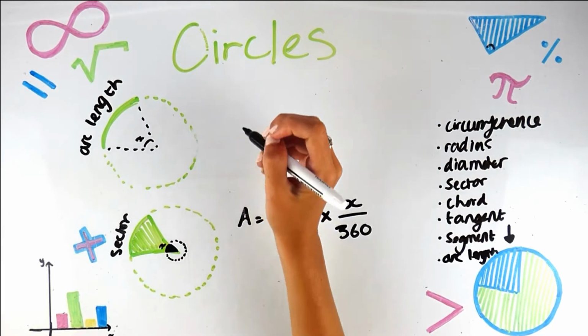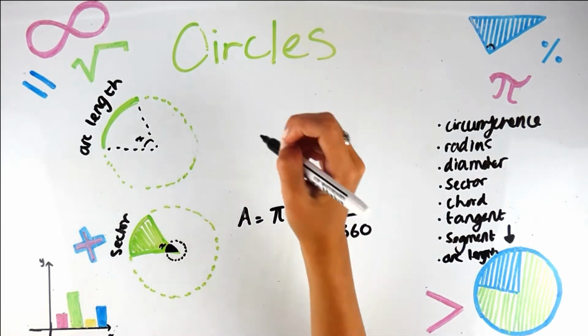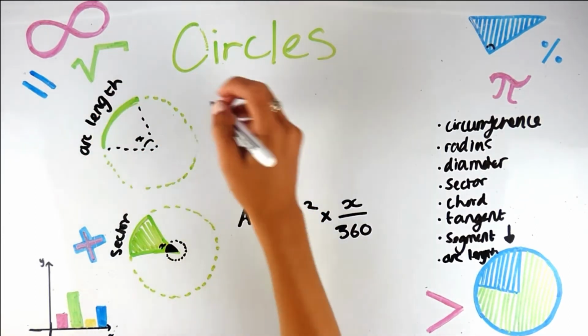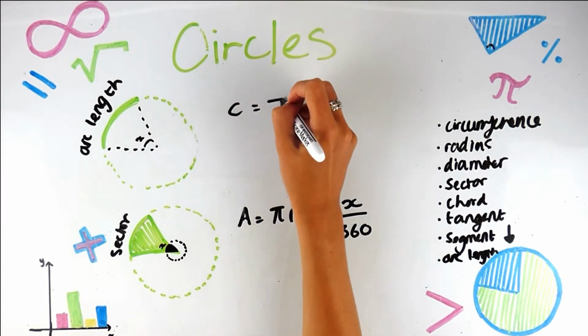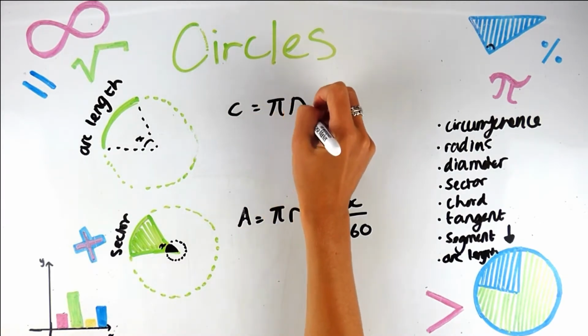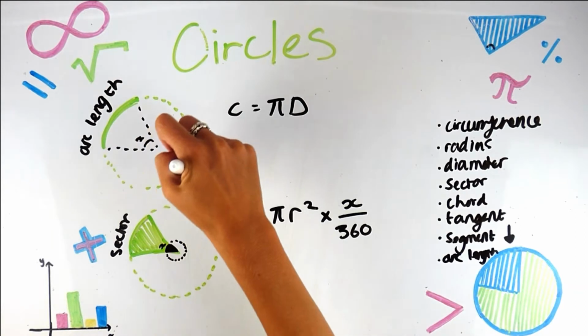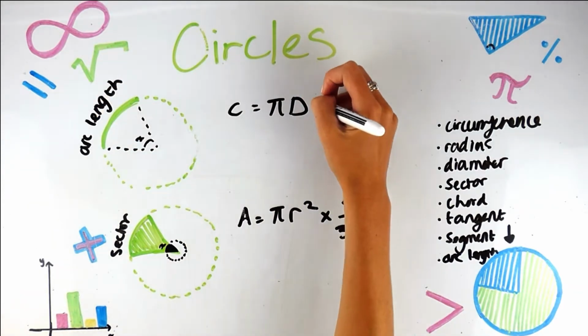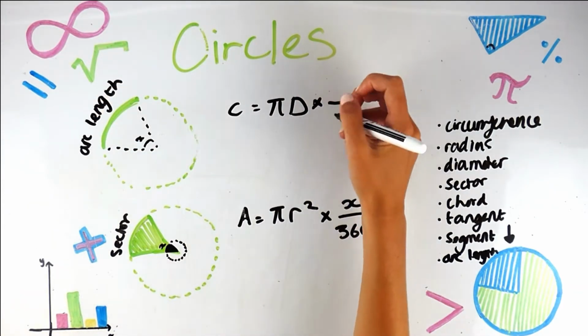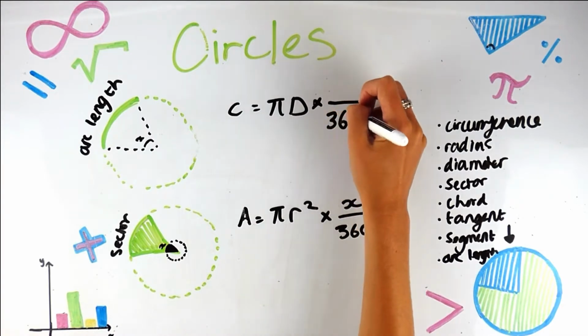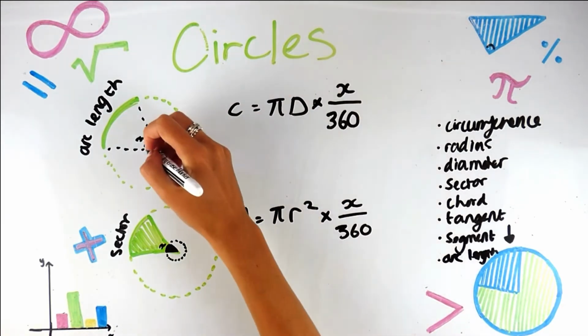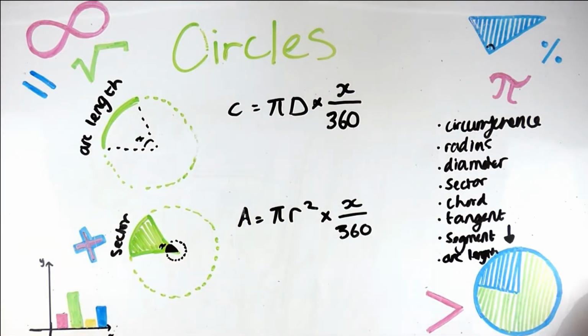And the way we do this one is so similar as well. So this is a length. So if we look at the circumference, it is pi d, but we don't have the whole circumference. We have a fraction of the circumference. We immediately think fraction. Again, 360. And it's this angle here over 360.